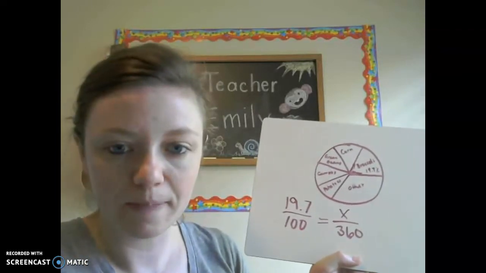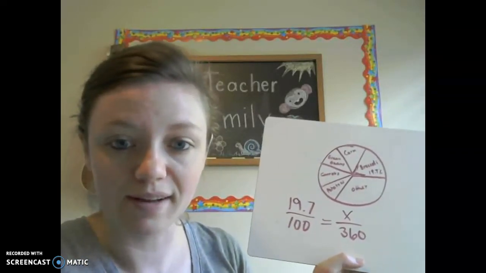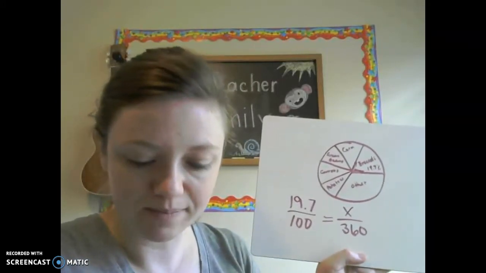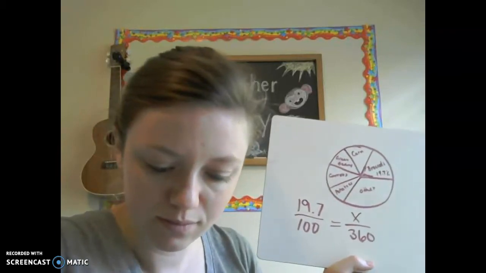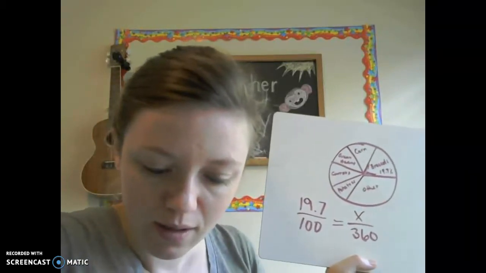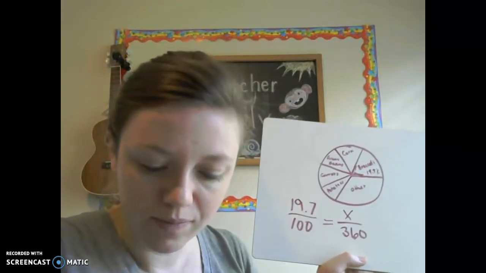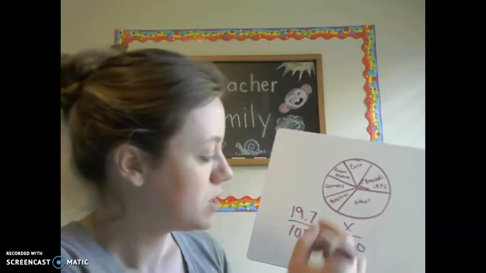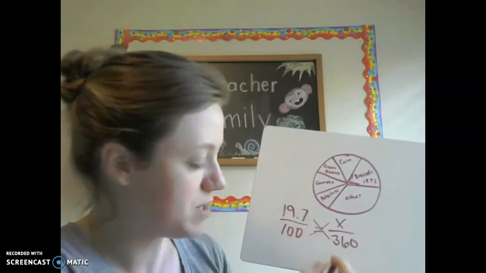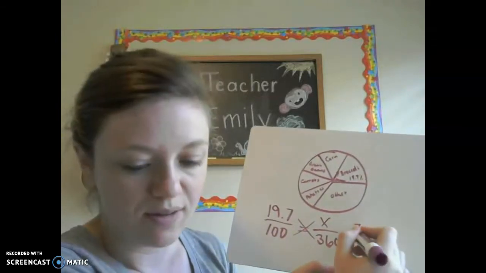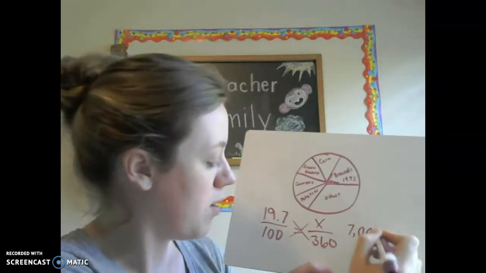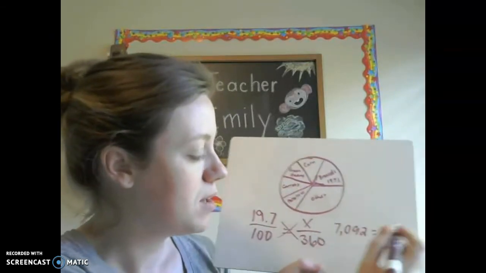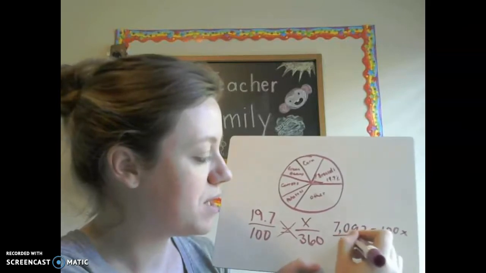I'm going to pull out my calculator here because I can't do this in my head. We're going to take 19.7 times 360. So we just do cross multiplication here. 19.7 times 360 is 7,092. 100 times x is 100x, so we need to divide both sides by 100.